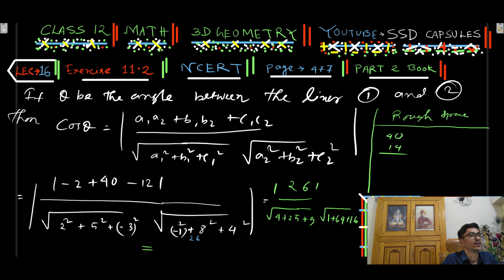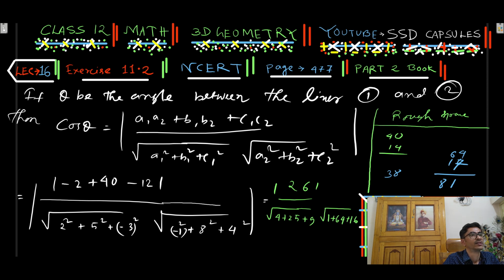So 26. We go to the next page. Here 25 plus 9 means 34, plus 4 is 38, and here 64 plus 16 is 80, plus 1 is 81.